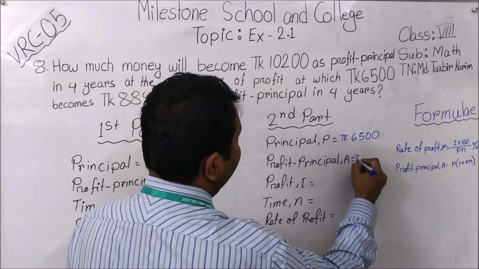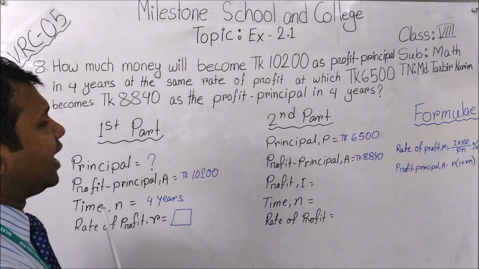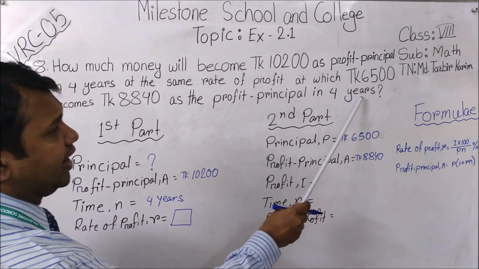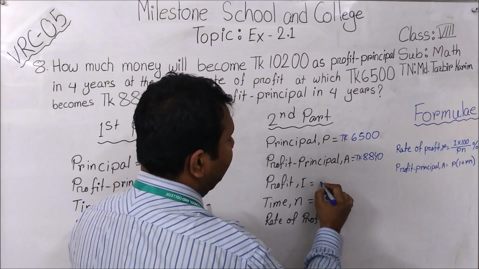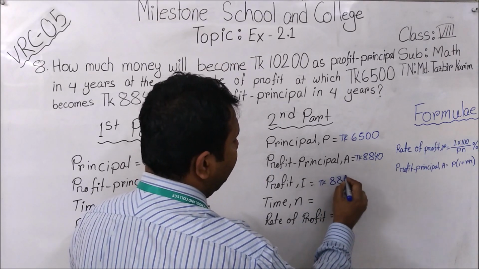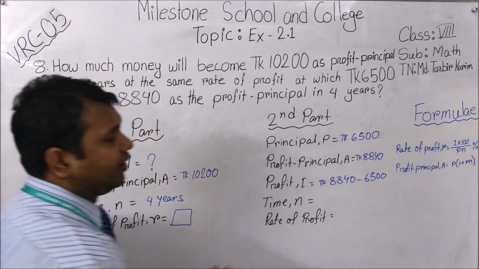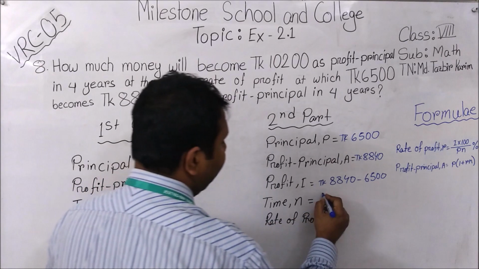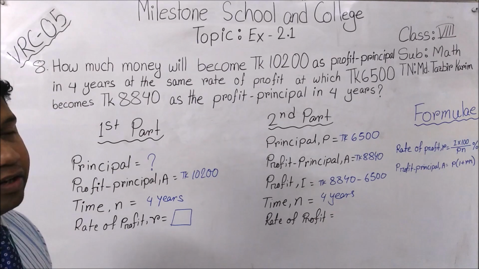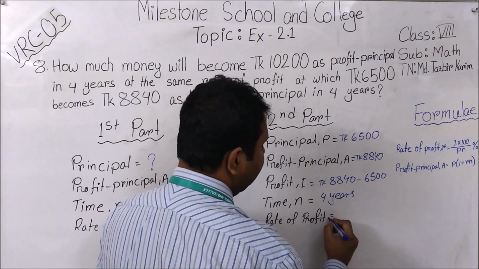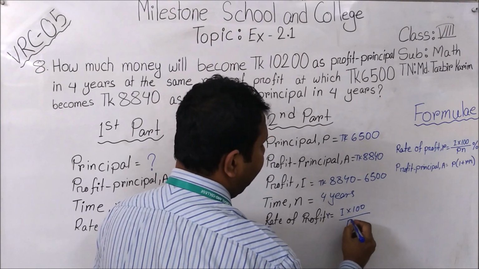So taka 8,840 is our profit principal, and the time is 4 years. The principal and the profit principal we can easily use to find the profit: taka 8,840 minus 6,500, you will easily get the profit from here. Time is 4 years. So we can find the rate of profit by using R equal to I into 100 by Pn.